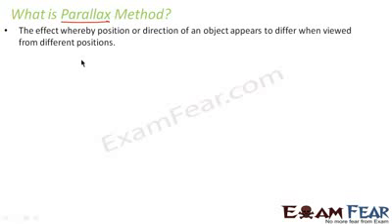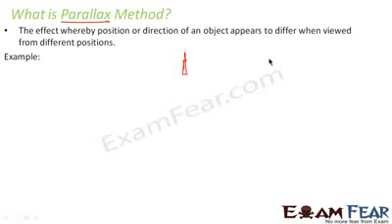The best example to understand this is, you close your left eye. Let us suppose you have some object, say a candle, which is quite far from you. Not very far, but at some distance from where you are standing.